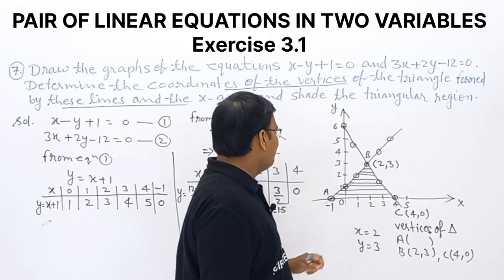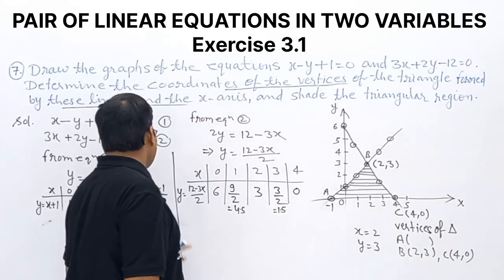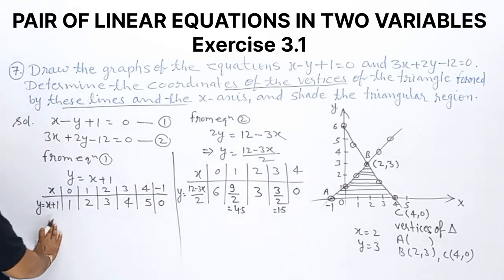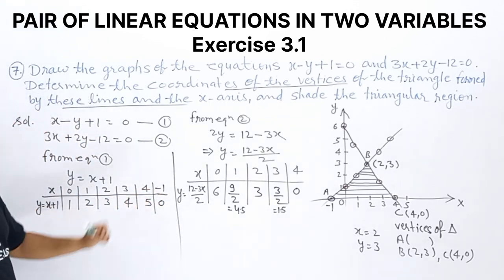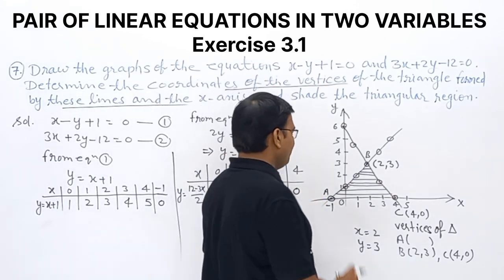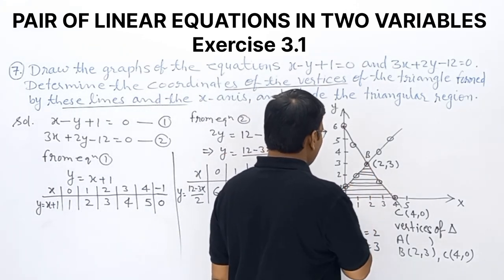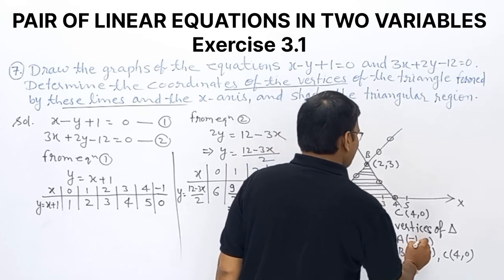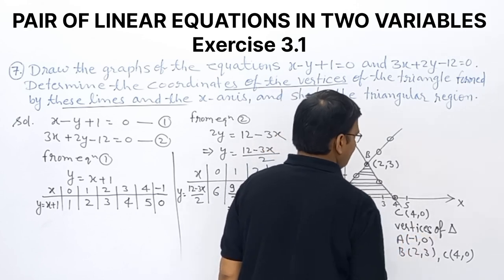So what is this point's coordinate? Taking x as -1 and putting -1 there, we get y equal to 0. So the coordinate of this vertex of the triangle is x equals -1 and y equals 0.